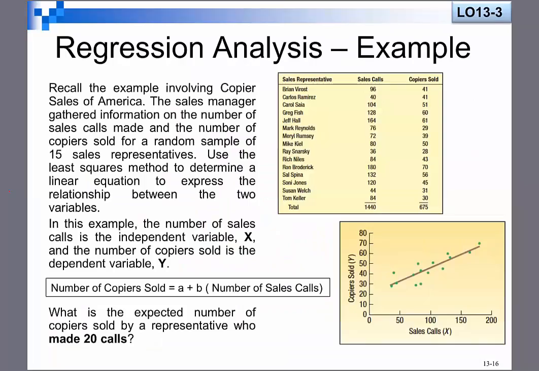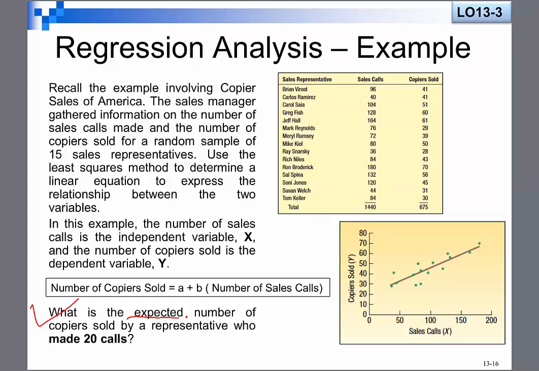So the regression analysis starts with asking the question, what is the expected number of copiers sold by a representative who made 20 sales calls? Right now, there are a few keywords. Expected means you're predicting.